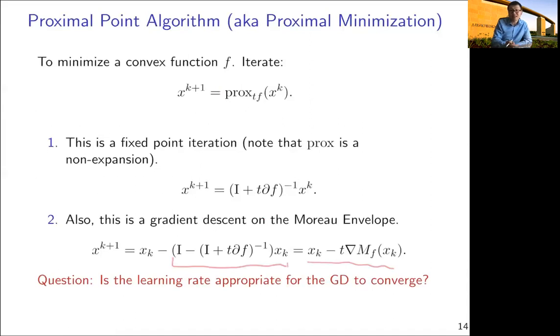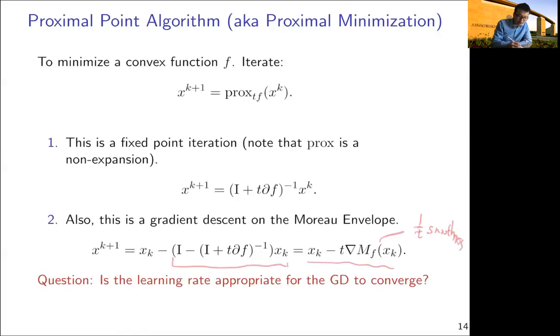Okay, you can see that there are multiple ways of making sense of the algorithms that we talked about. And notice that this other property of the Moreau envelope is saying that it satisfies this 1/t smoothness.